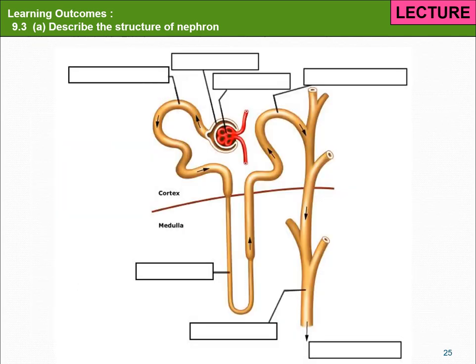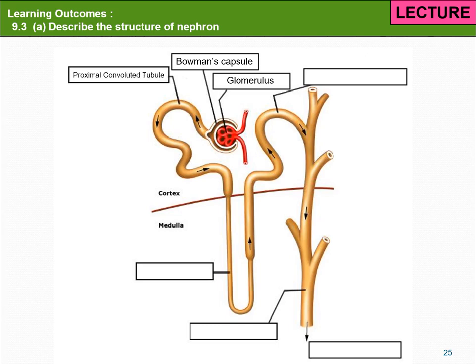So you have to remember the parts of the nephron. We begin with the first part, the glomerulus. The glomerulus is a highly coiled blood capillary to filter the substances in the blood plasma. The second one is the Bowman's capsule. Bowman's capsule encloses the glomerulus, where wastes are filtered from the blood.